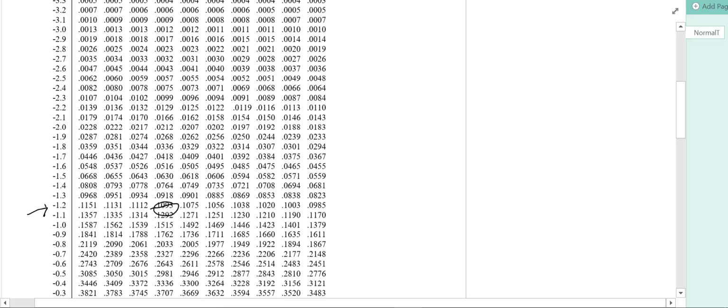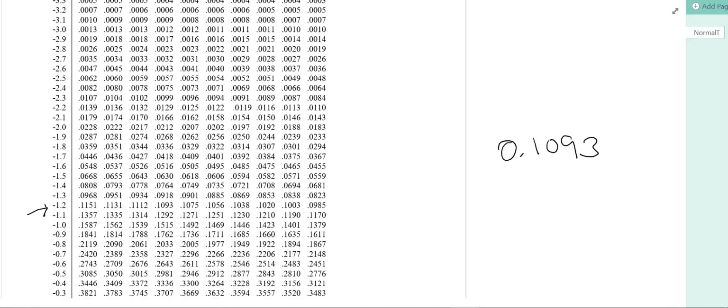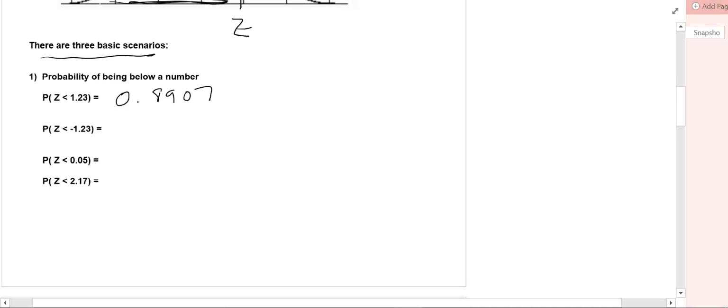So here it is, 1093. 0.1093. All right, so continuing on. So we know that particular value, going back to our problem, is 0.1093. Got it? Again, this is unedited. You use it, that's your own risk.